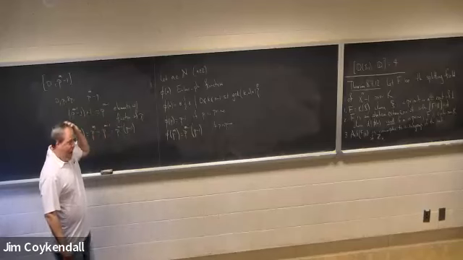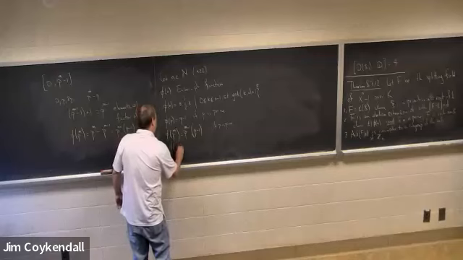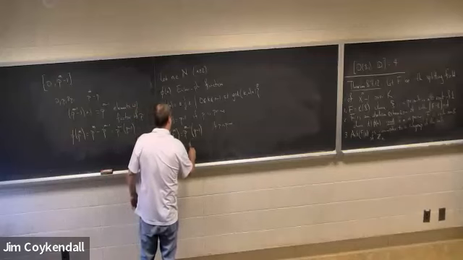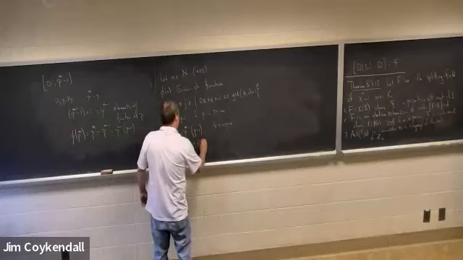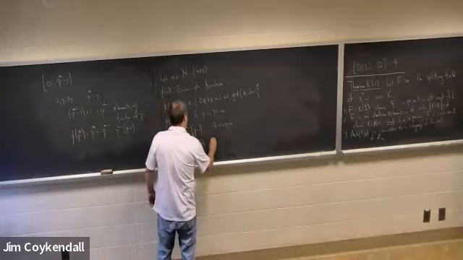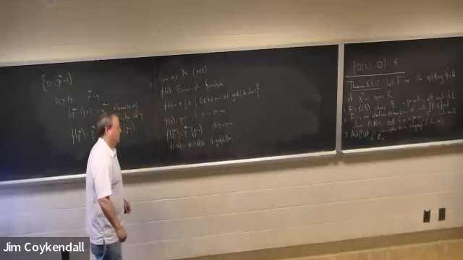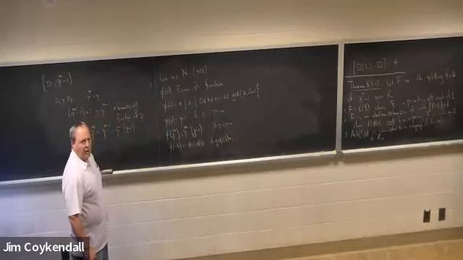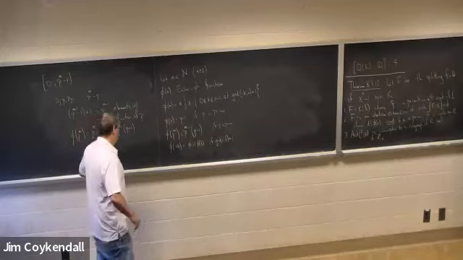And also, it can be shown fairly easily that the Euler phi function is multiplicative over relatively prime things.